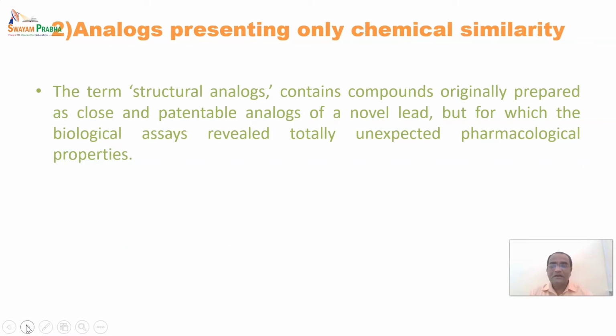The term structural analogs covers compounds originally prepared as close and patentable analogs of a novel lead, but for which biological assay revealed totally unexpected pharmacological properties. So for a lead molecule or patentable drug, similar structural analogs are prepared by some isosteric replacement, without disturbing the electronic and steric parameters.